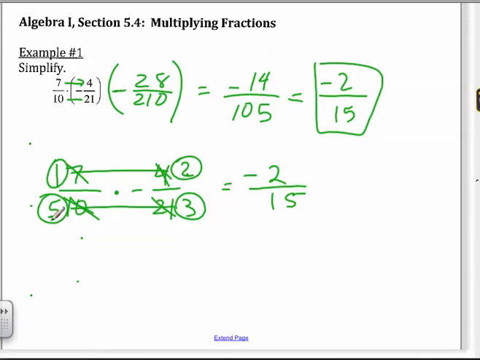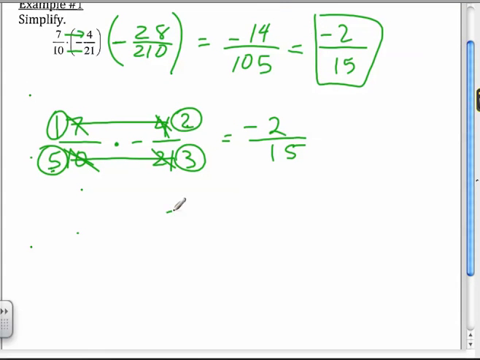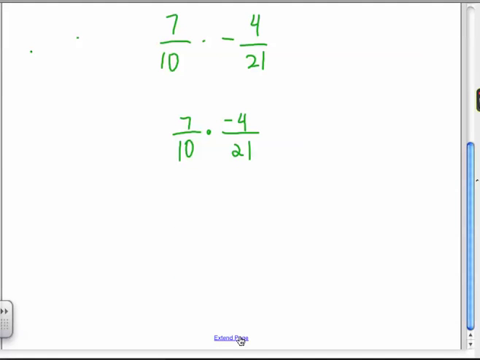Well, you can think about it like this. This problem, when we started, Taggart, said 7 over 10 times negative 4 over 21. Okay? Now, I'm going to rewrite this. I hope this is okay with you. 7 over 10 times negative 4 over 21. Right? Do you agree that I can actually write this as a fraction right now?